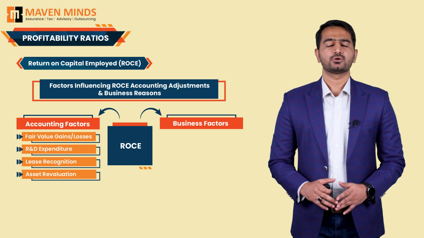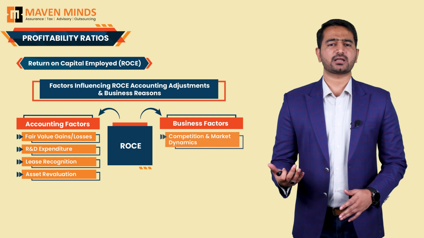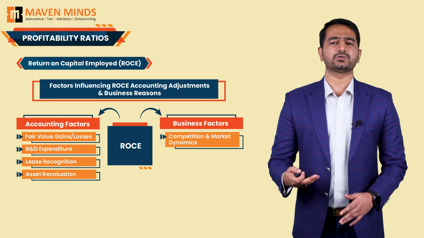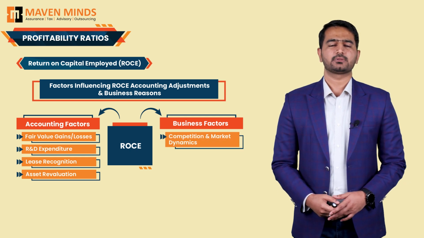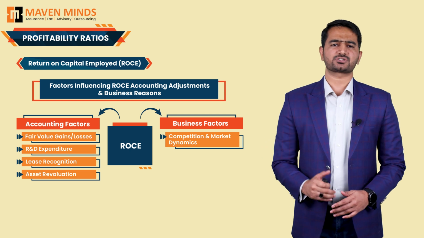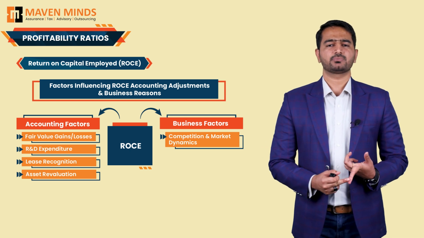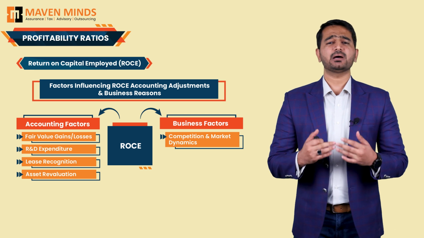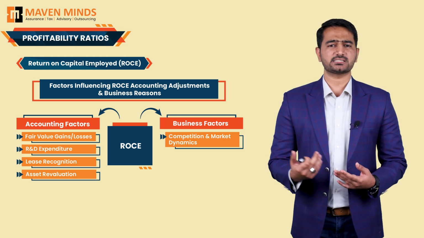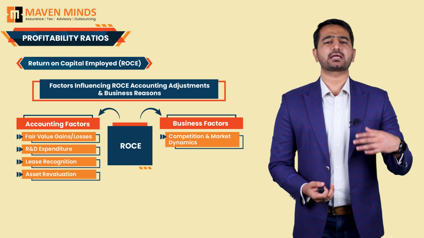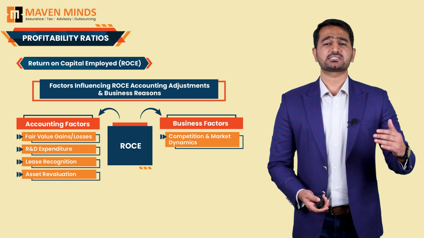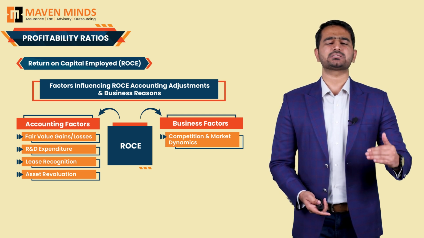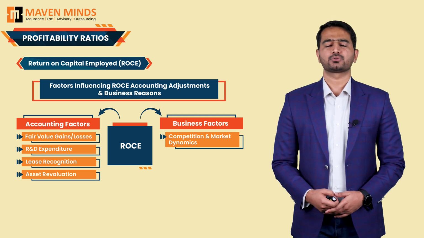For example, competition can be a major factor that can adversely influence return on capital employed. In highly competitive industries such as fashion, automobile, and technology, companies might face pressure to reduce prices or increase their marketing spend, which can suppress your margin and reduce the return on capital employed.